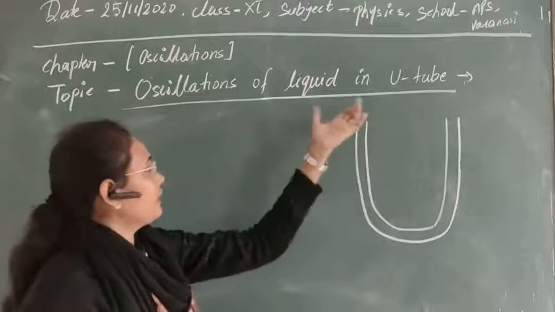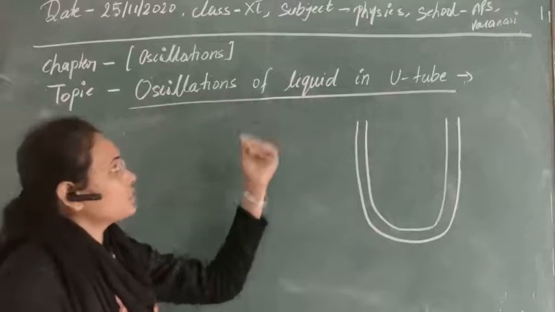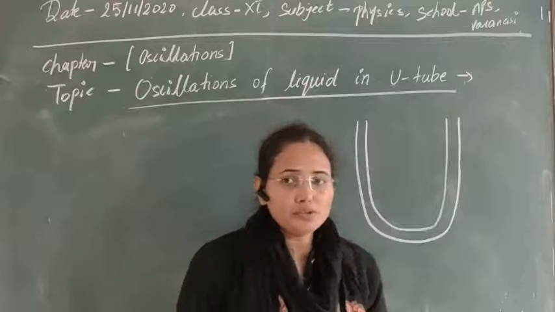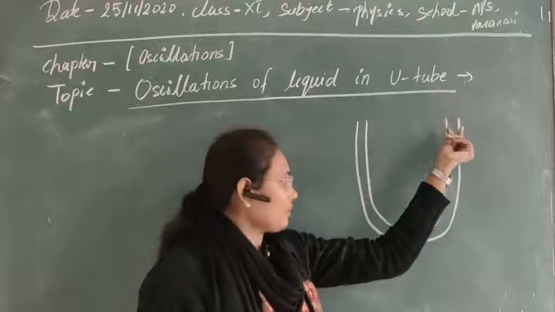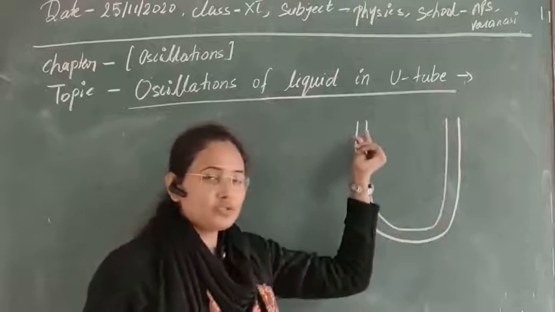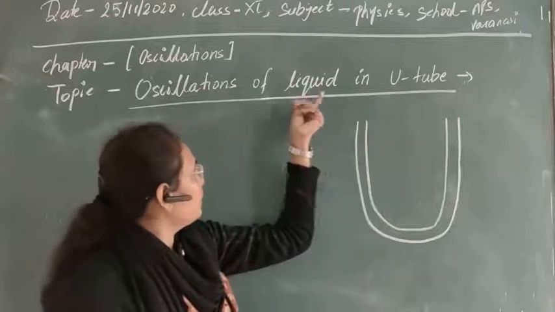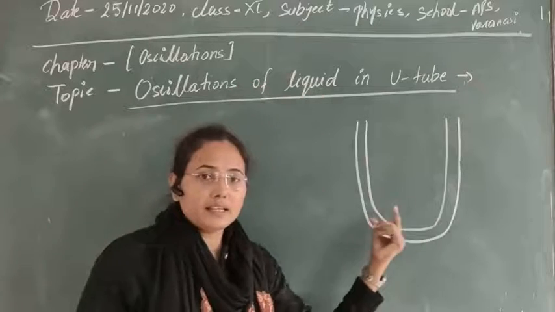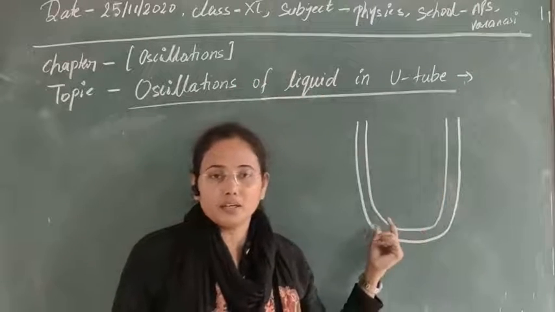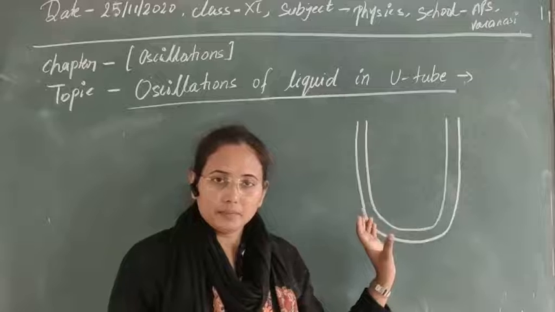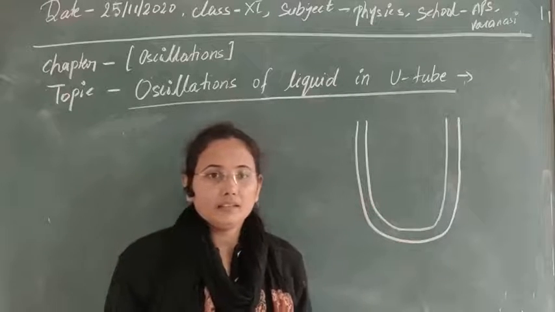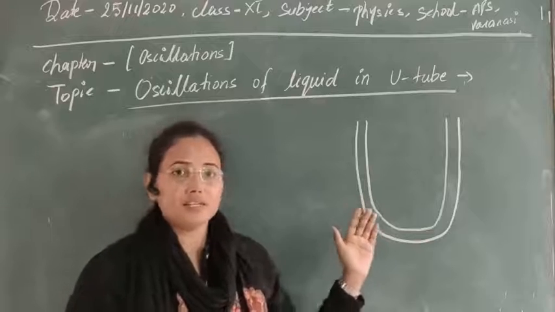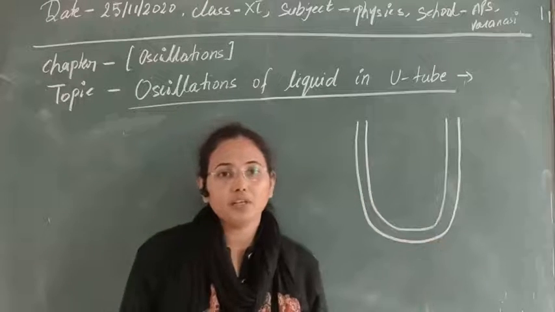So today let's see our next example, the oscillations of liquid in a U-tube. Suppose we have a U-shaped tube whose cross-sectional area is constant, and we take a liquid in this U-tube. If we allow that liquid to oscillate, will it perform simple harmonic motion or not?